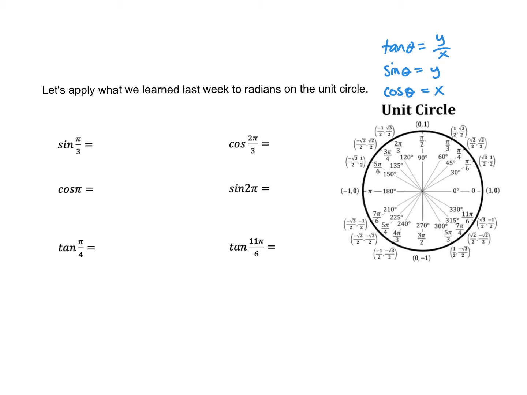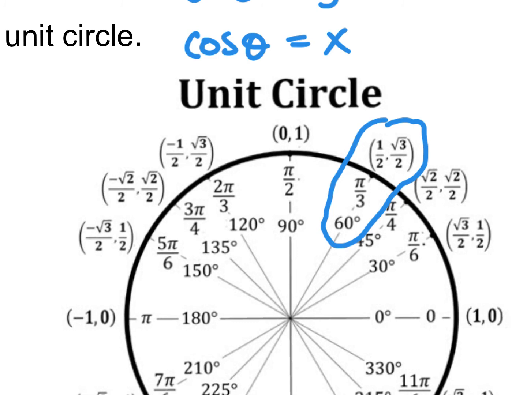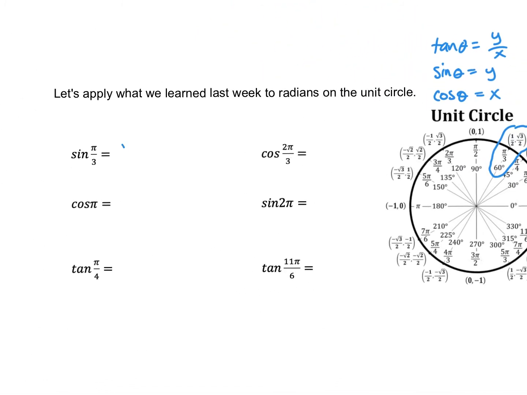So if we do sine of pi over 3, that is the same as sine of 60. And since we're looking at the y value, the sine of pi over 3 would be root 3 over 2. So if we go over here, this is just root 3 over 2. And that's it.